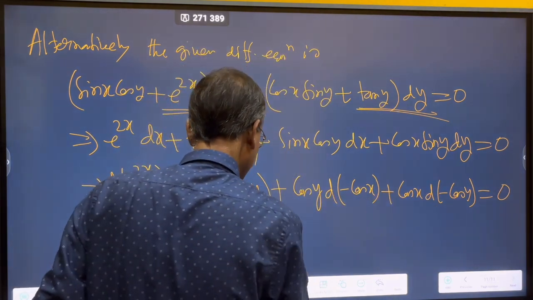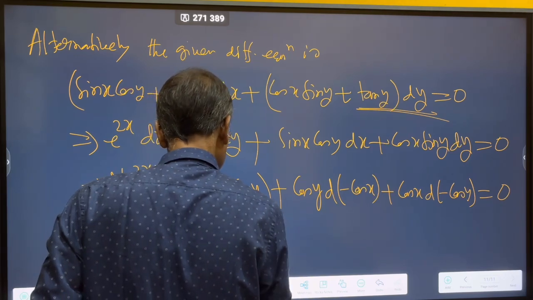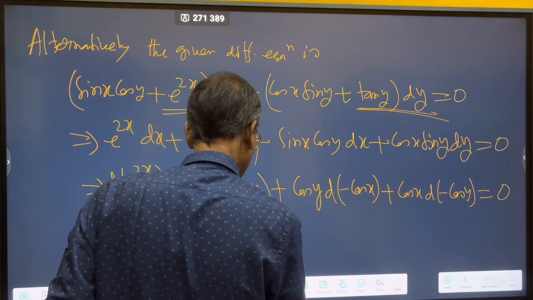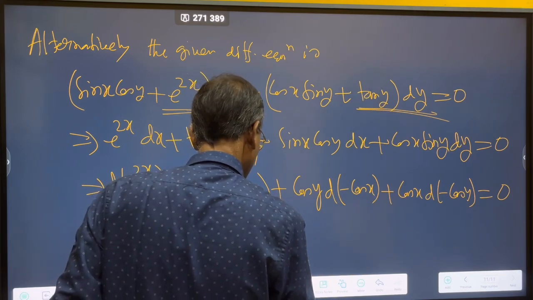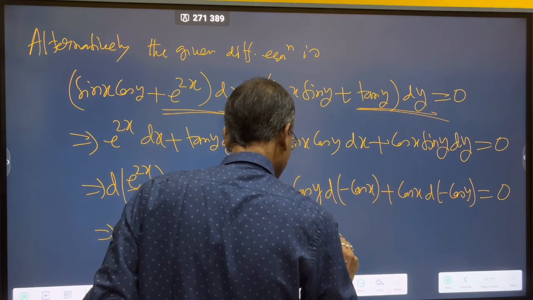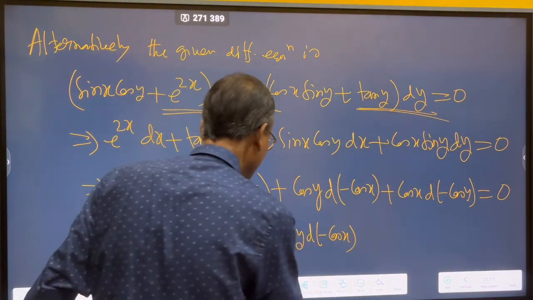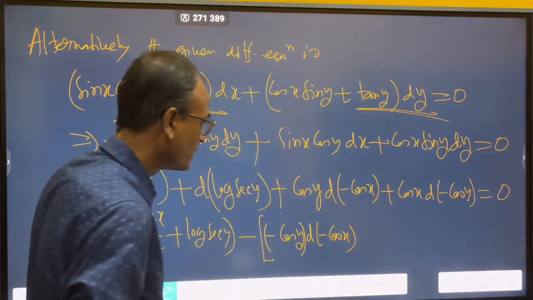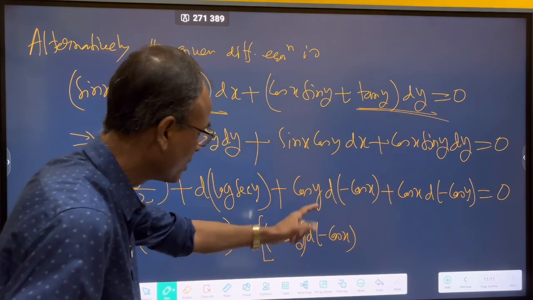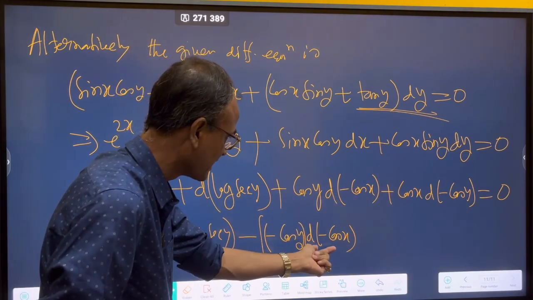You may write it as minus of minus cos y d of minus cos x. You may write like this, minus cos y remains unchanged.